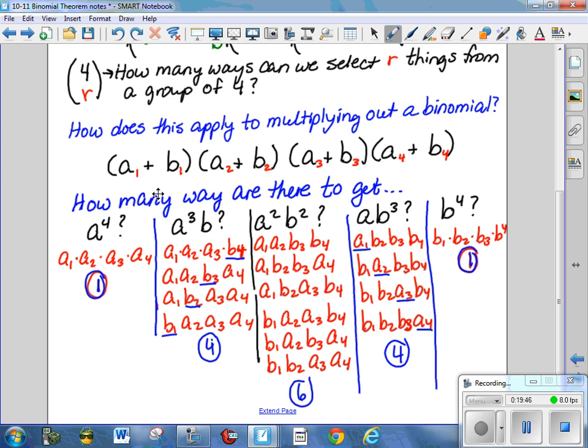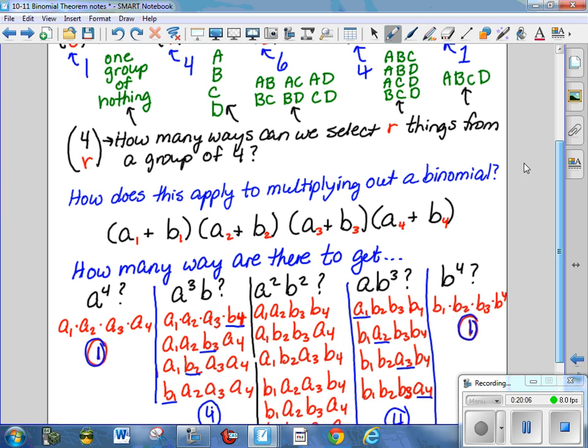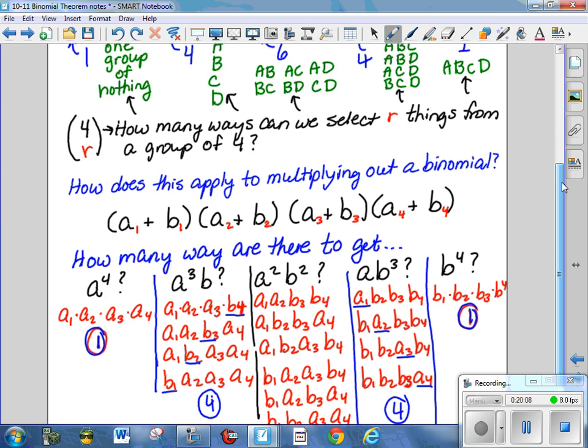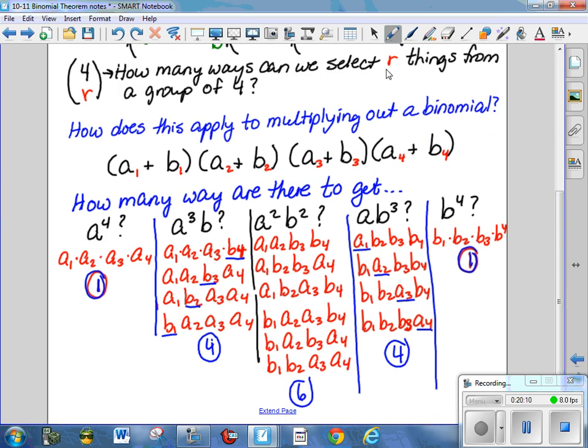Or I could use the first 2 a's and the 4th a and the 3rd b, and so forth. So there's 4 different ways to get an a cubed b by using these 4 terms. There's 6 different ways to get an a squared b squared, 4 ways to get ab cubed and 1 way to get a b to the 4th. So this is why these binomial coefficients actually work when we multiply out a binomial.